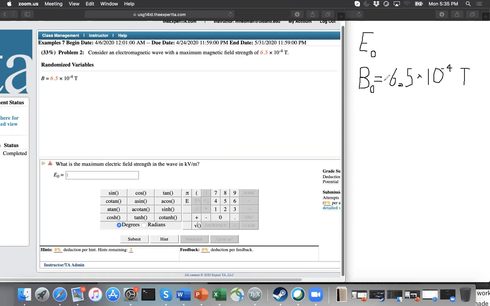Okay, what relates what we want to what we know? Well, this is that same relationship that we talked about today, which is that the electric field magnitude is the speed of light times the magnetic field magnitude.